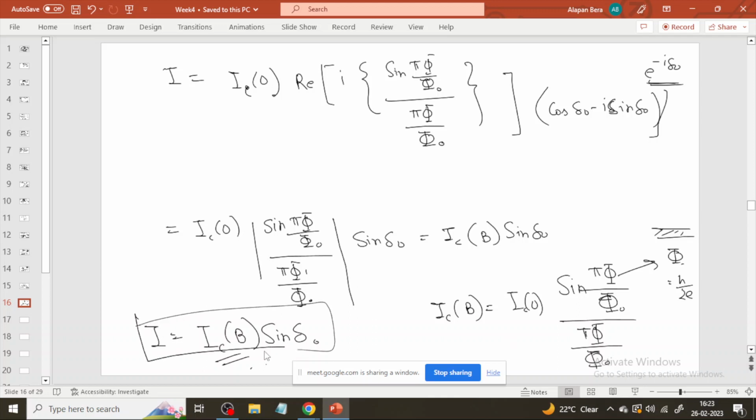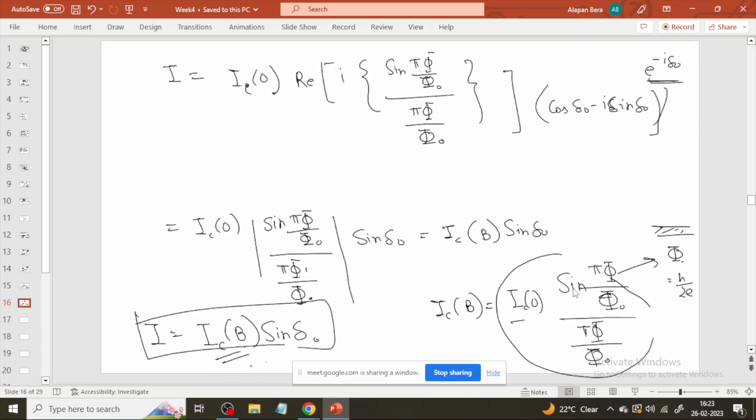The critical current is modified in the presence of the magnetic field like this. So this factor gets multiplied to the critical current when we apply an external magnetic field.